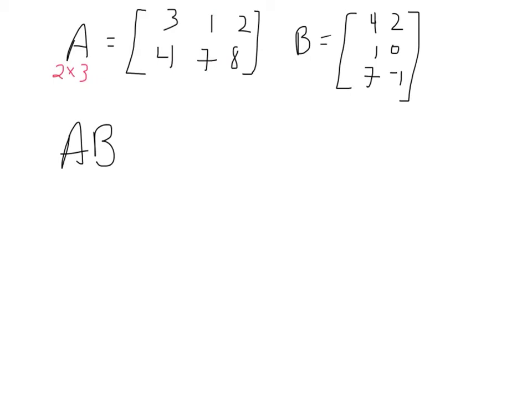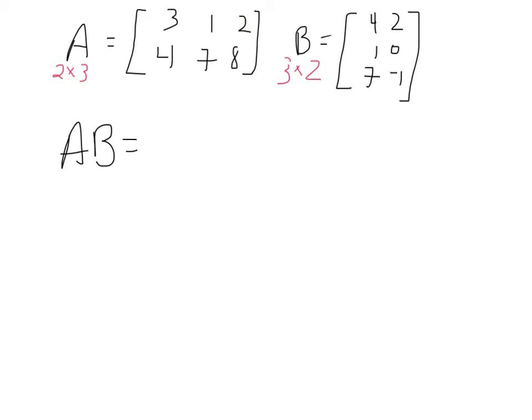This matrix B right over here has 3 rows and it has 2 columns. That's why we call this matrix a 3 by 2. So if I wanted to multiply A and B together, the first thing you want to decide is, can you, yes or no? And in this case, we can. Alright, we can multiply these matrices together.